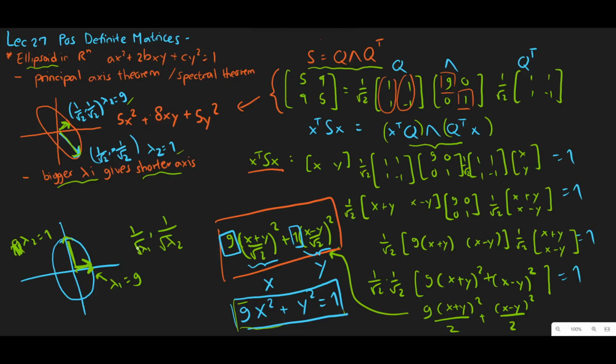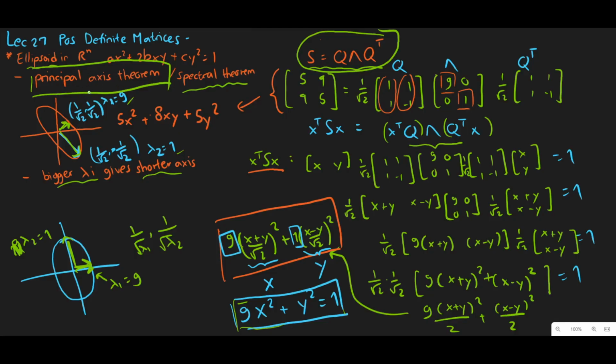So that's the point. And lastly, that's why this is called the principal axis theorem. If you remember from previously, this factorization has two names, either the spectral theorem or the principal axis theorem.